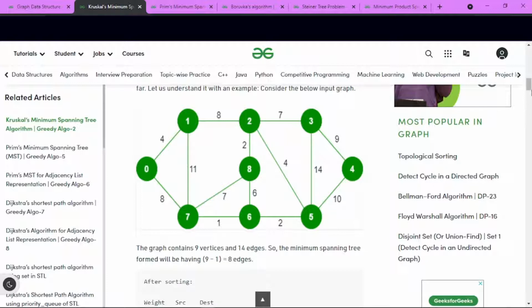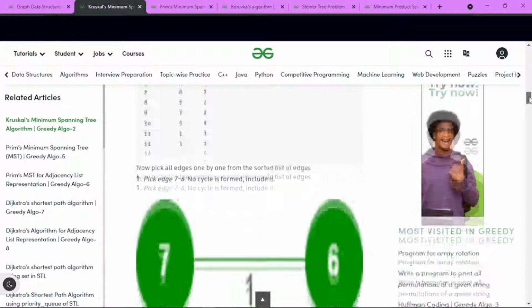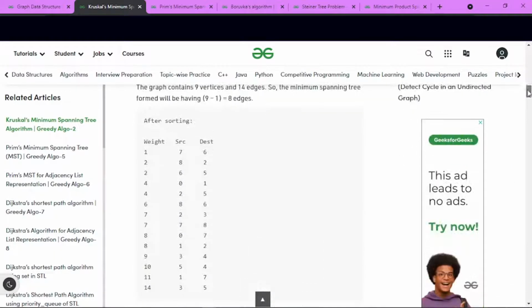You can see that we have sorted all the edges according to their weights, and now we connect the edges from the minimum weight to the maximum weight possible. But we have to keep in mind that we do not run into a loop that can lead to a cycle in the graph.